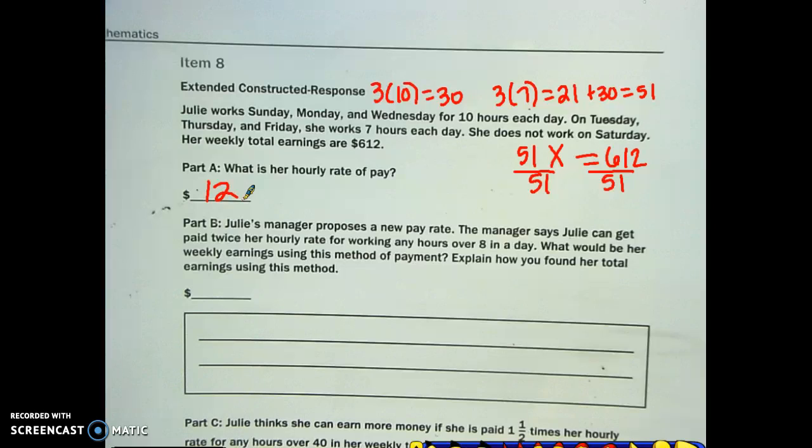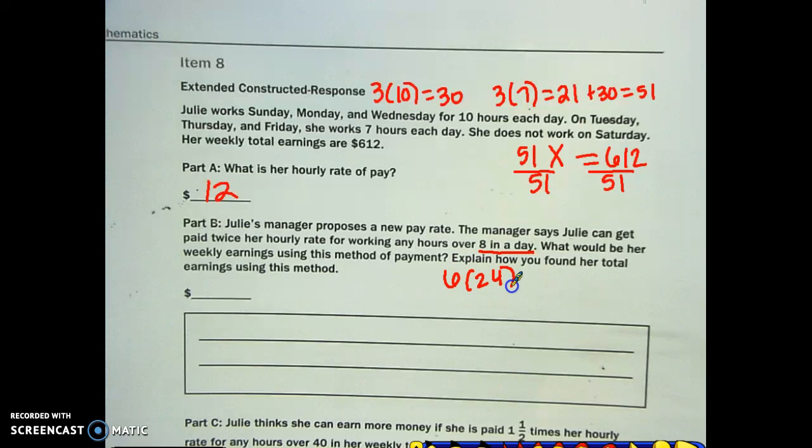Her manager proposes a new rate that she can get paid twice her hourly rate for working any hours over 8 in a day. For 3 days, she worked 10 hours. So of these 30 hours, 6 of those were over 8.